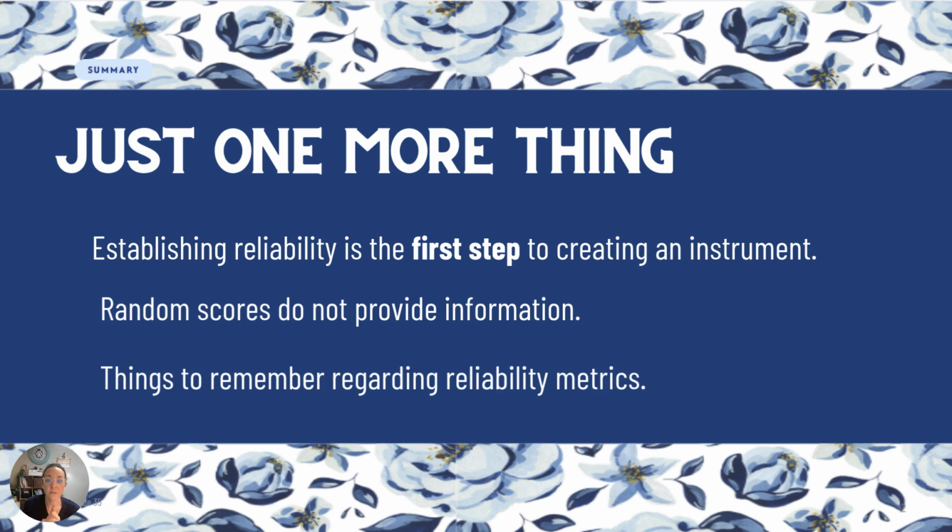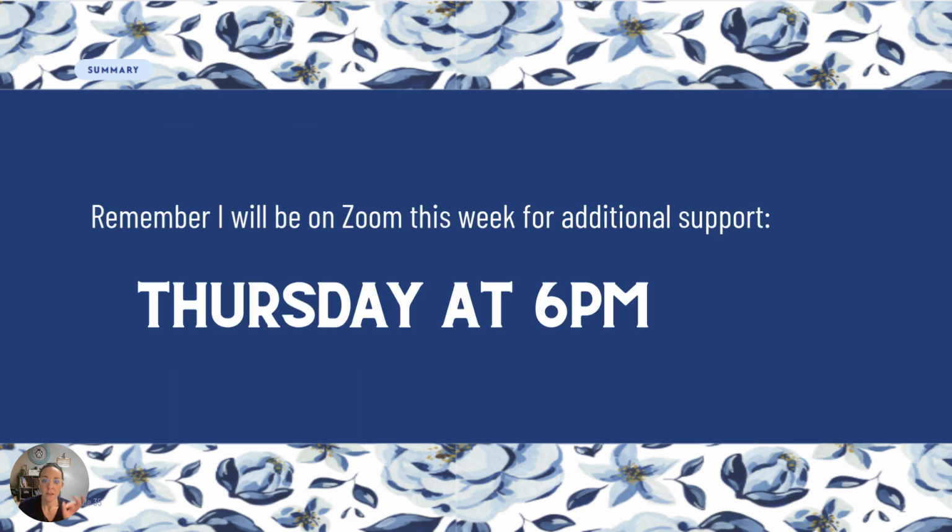So reliability comes first. If scores are random, then the interpretation becomes difficult. It's hard to determine what's going on. Good measurement reduces the randomness, improves the consistency, and gives us more confidence in the decisions we make as counselors and as researchers.